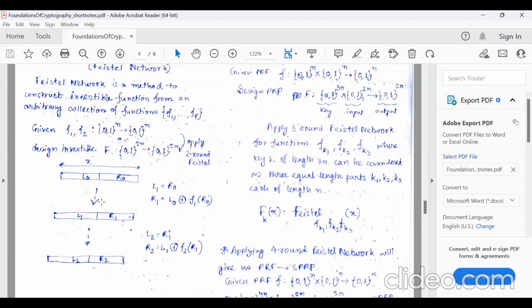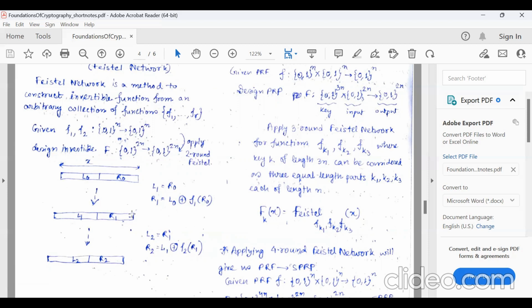After applying the first round, R0 will come as it is as L1. So your L1 is nothing but R0, and your R1 is constructed as L0 XORed with f1 of R0. So you apply your function f1 here, and like that you get the first stage intermediate output. Then the final output will be computed as R1 coming to L2 as it is, and L1 XORed with f2 of R1 coming as R2.